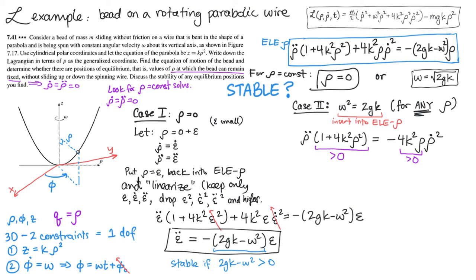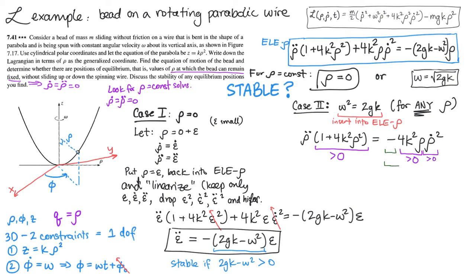So how do I compare the two sides of this equation? On the left I have rho double dot times a positive quantity. And on the right I also have everything positive, right? Even this rho dot squared, that's also positive. And yet I have this overall minus sign.